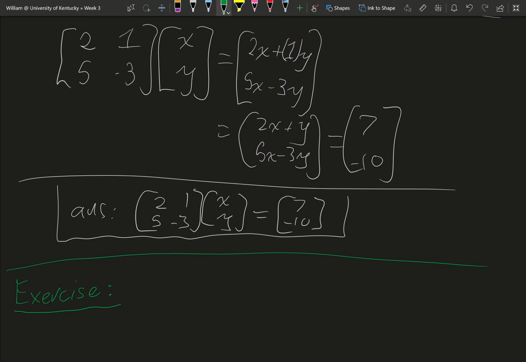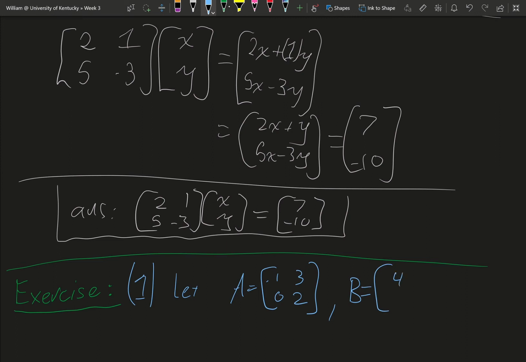All right, so to give you guys some practice, let's have you do a couple exercises. So A is the matrix [-1, 3; 0, 2]. B is going to be the matrix [4, -1; 1, 5].